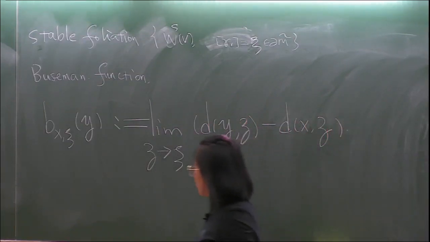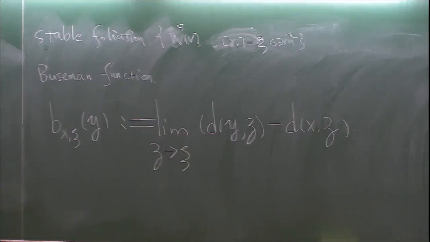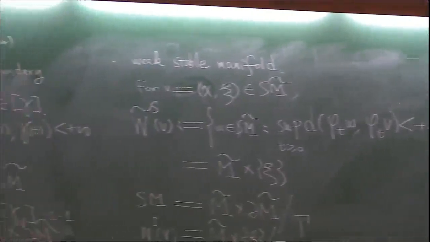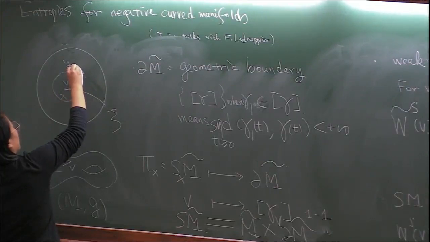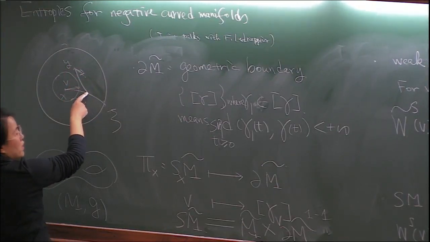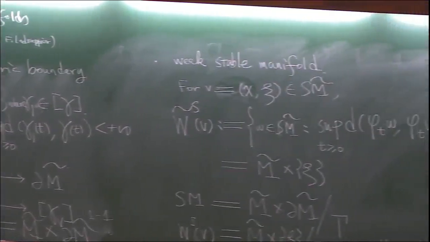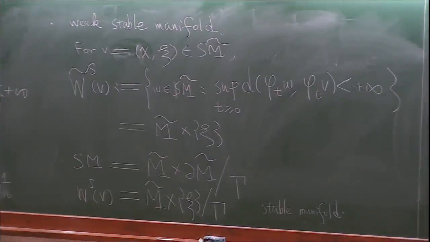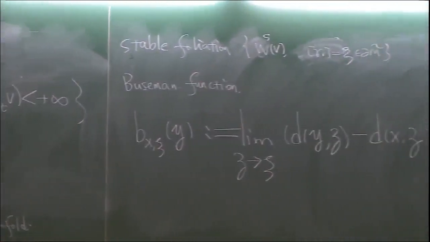Okay? So if you look at the picture here, you have y here and your x. The Busemann function, the value at y, is that you have some point z here. So the difference of this distance minus this one, and then this z goes to infinity, goes to ξ. The difference of this one. So you see the one observation is that the gradient of this one is minus the geodesic spring.